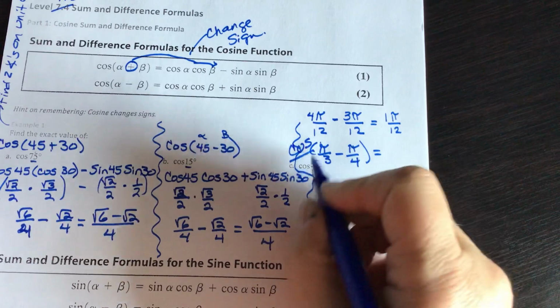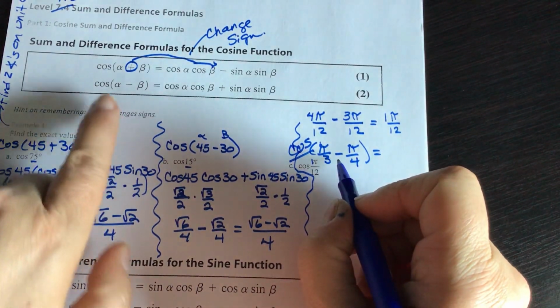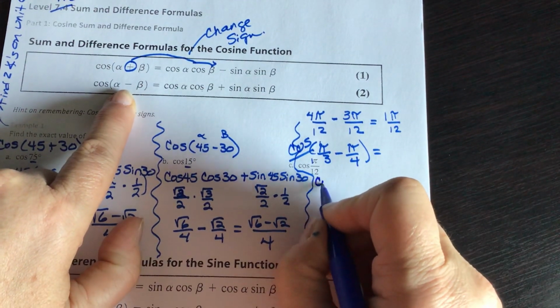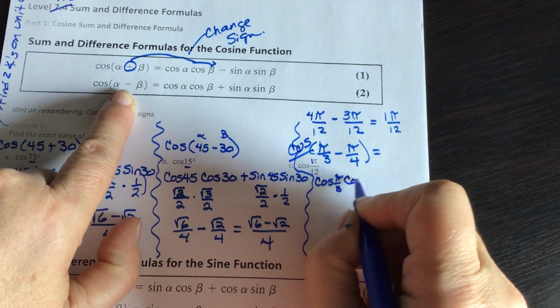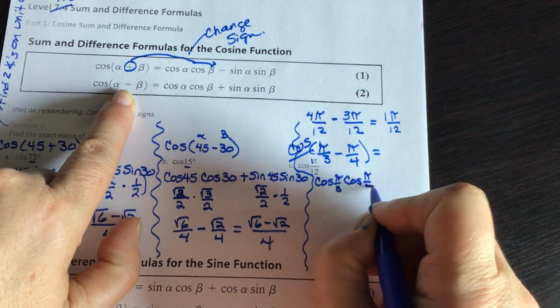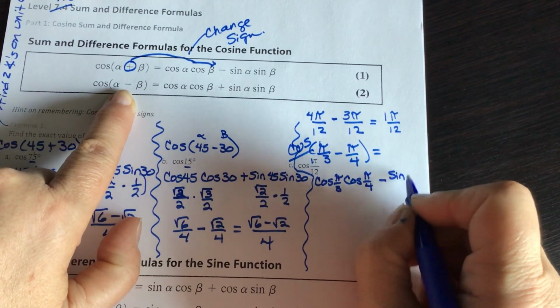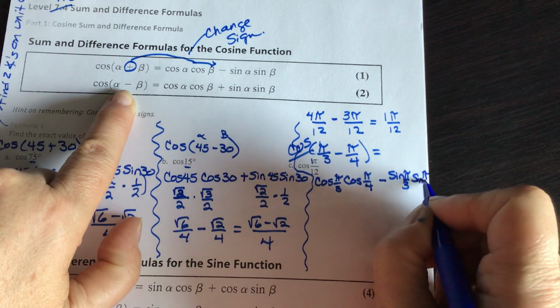If I use my formula, I'm subtracting, so I'm going to go up here. So I have cosine pi over 3, cosine pi over 4, minus sine pi over 3, sine pi over 4.